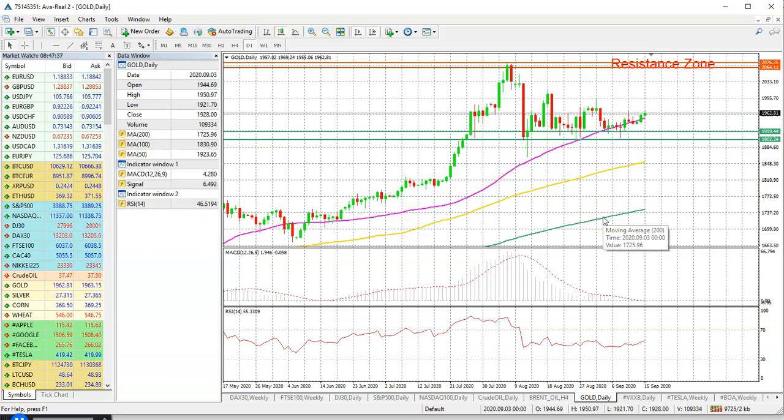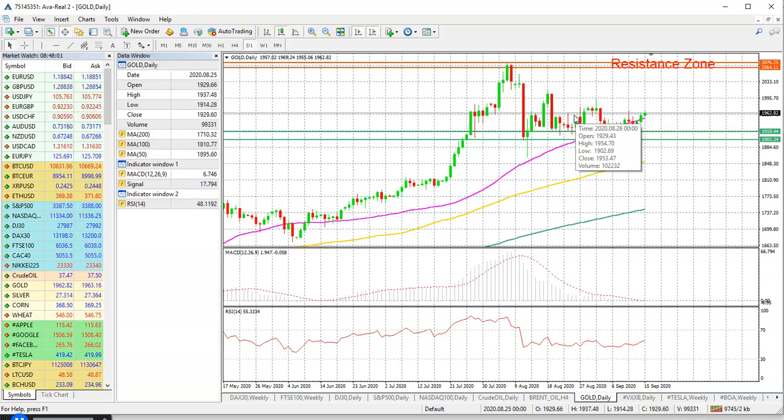Folks, what is quite intriguing with respect to the gold price is right over here, the price action, the constant battle of the price with the 50-day moving average. Remember, the golden rule of moving averages is that the moment the price breaks above the moving average, you go in, meaning you take a long position.